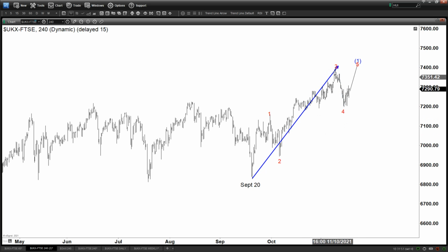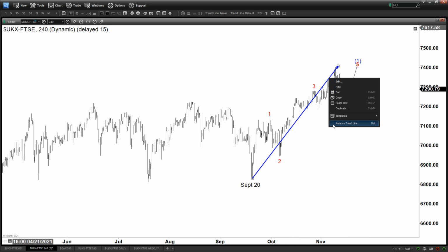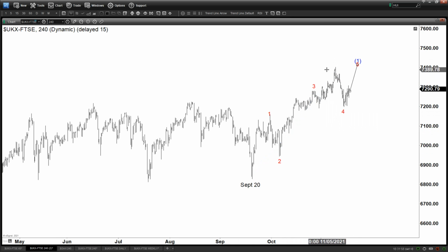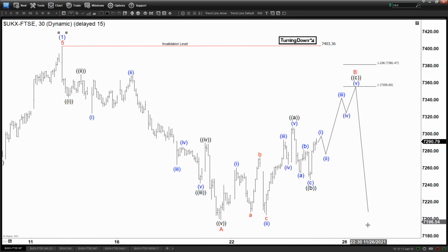Okay, so all in all, then I think the idea that other indices seems to be finished with the cycle, the same cycle that started from late September, early October, and the idea that the FTSE looks like a 5 ways down from the peak, that suggests that the better count, or the count that we prefer right now, is another leg lower later on after the rally here is finished.